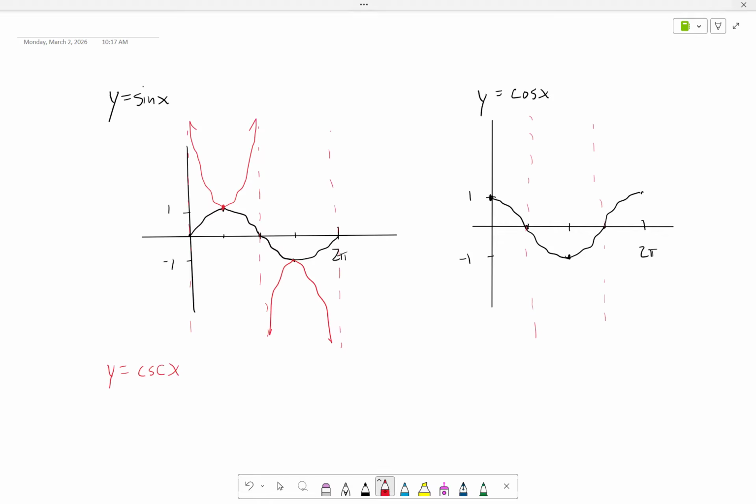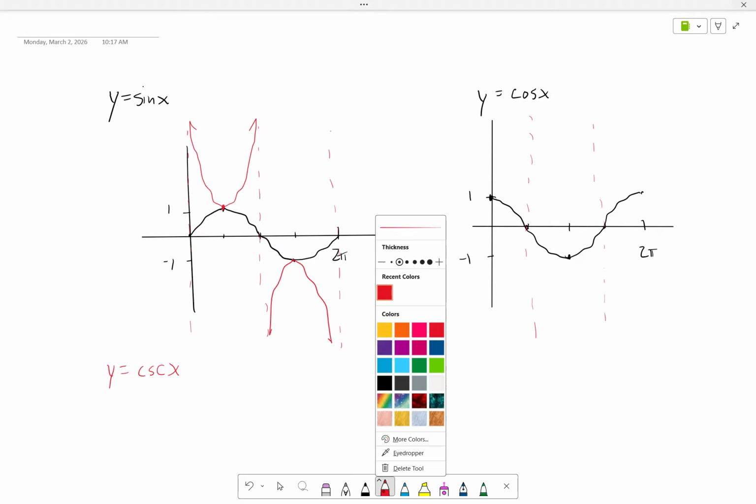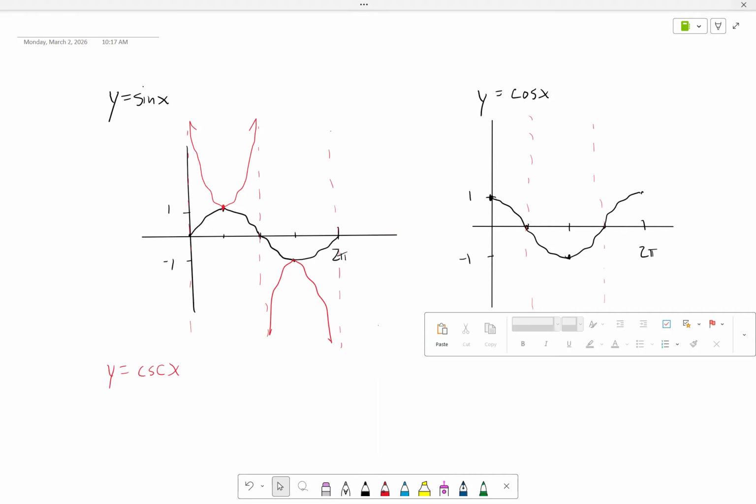You did this already. What's going to happen from 0 to pi over 2? Show me 0 to pi over 2. It comes up, doesn't it? We know that the reciprocal of 1 is 1, and we know it's going to approach that vertical asymptote.